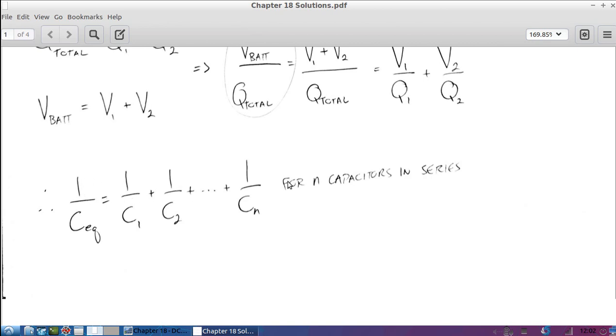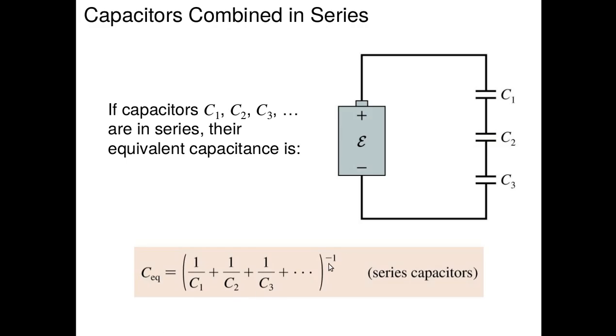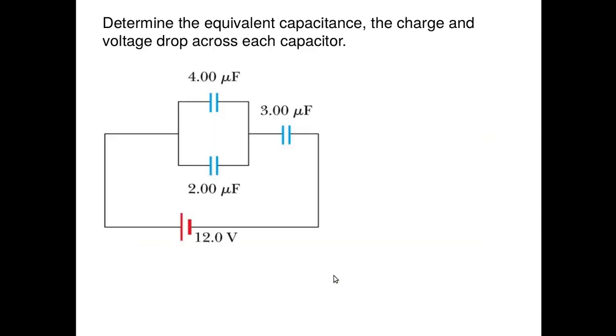Once you add up all these fractions, we're going to take the reciprocal of that, and that's going to give us our equivalent capacitance. I'll just show you my technique in the first example, just to remind myself that I have to do this each time. So this is all raised to the -1 power. We're adding up the inverses of the individual capacitances, and then we're taking the inverse of that value.